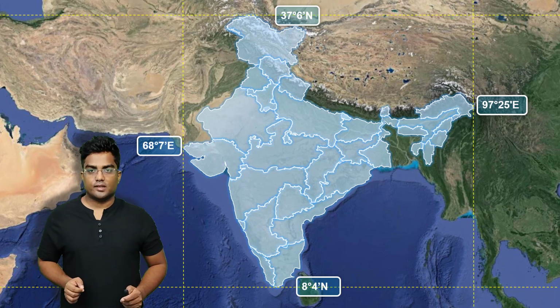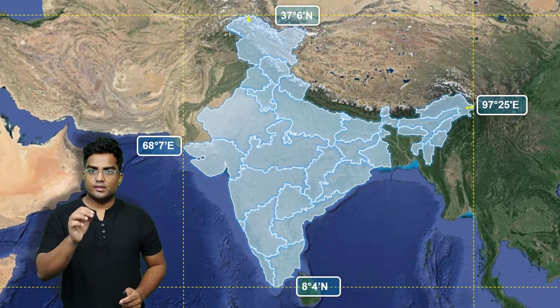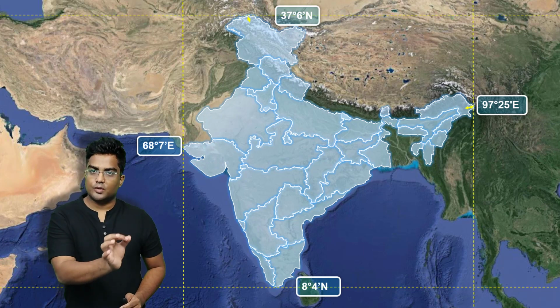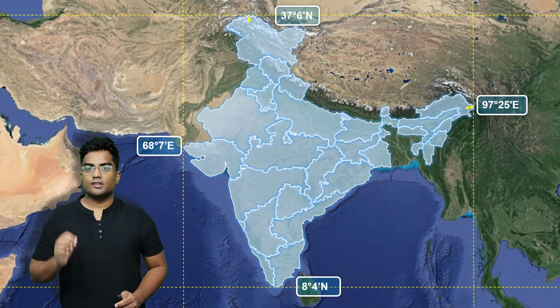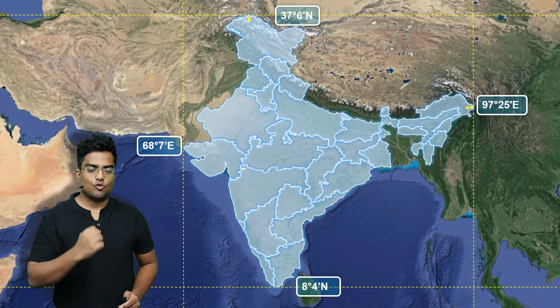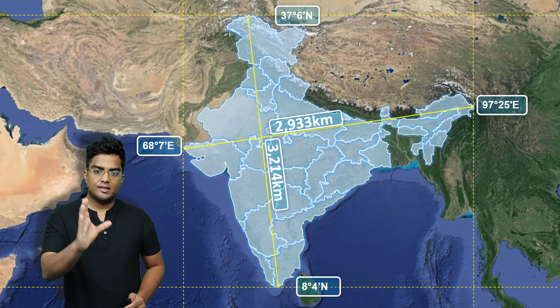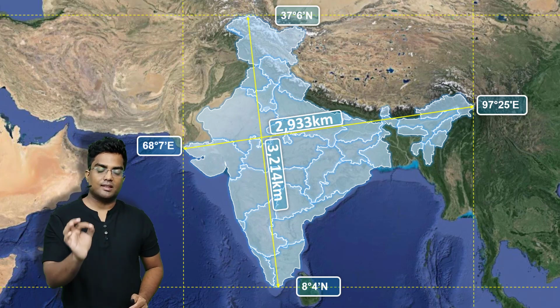So now let's discuss the distance between the extreme points. As you can see, there is a distance between the northern and the southern extreme. Similarly, there is a distance between the eastern and the western extreme.